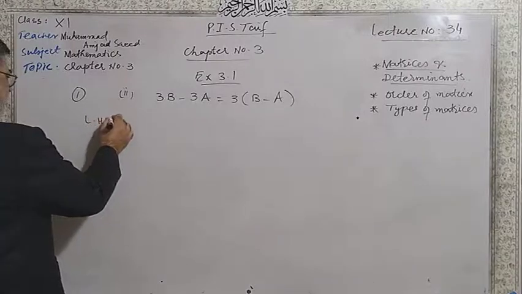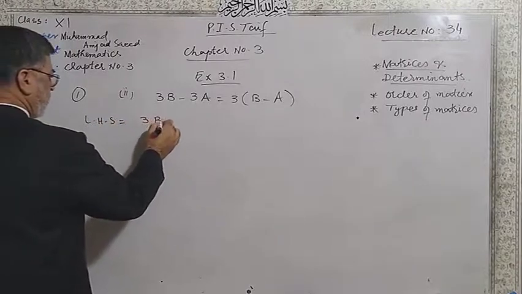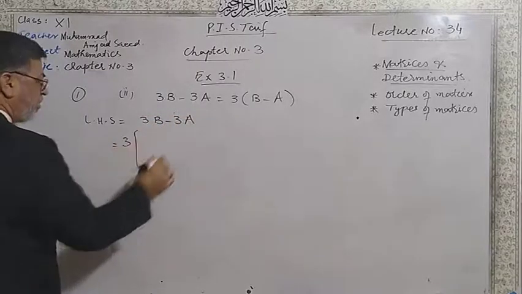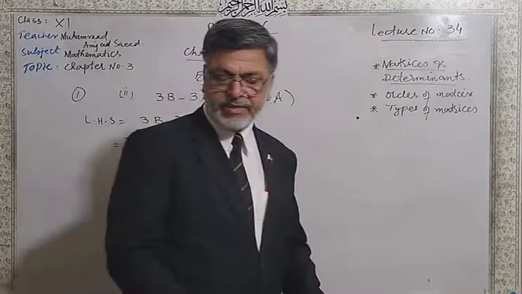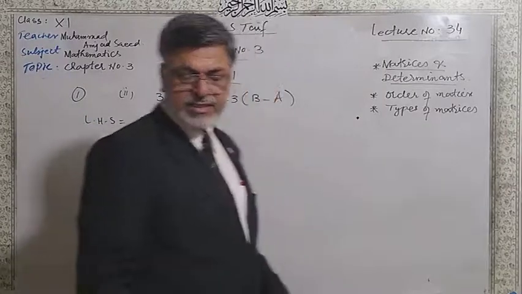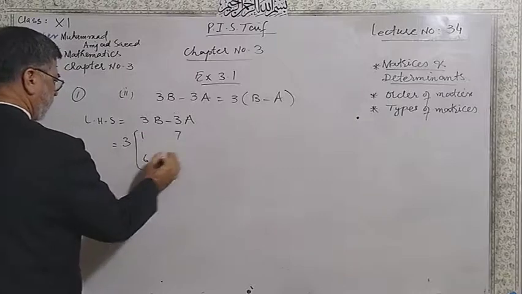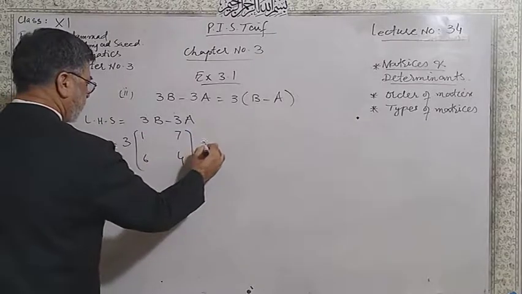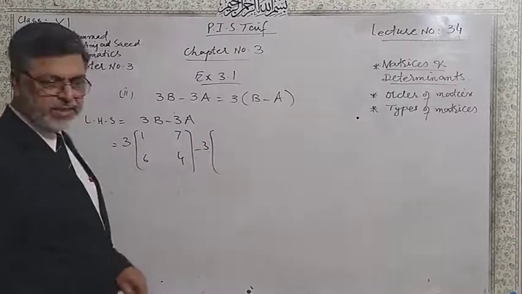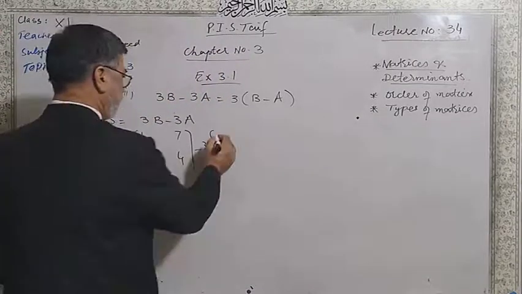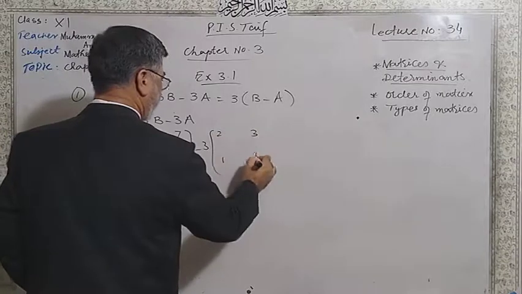Taking left hand side, 3B minus 3A. 3 into B, B is given as 1, 7, 6, 4, minus 3A, A is given as 2, 3, 1, 5.